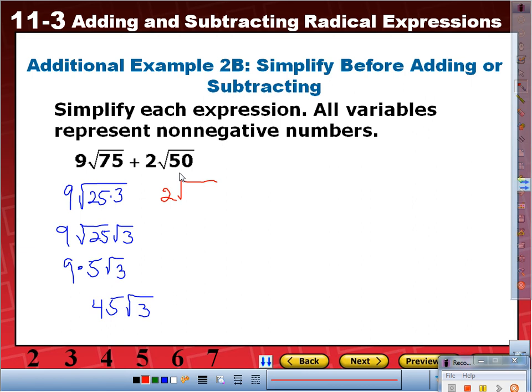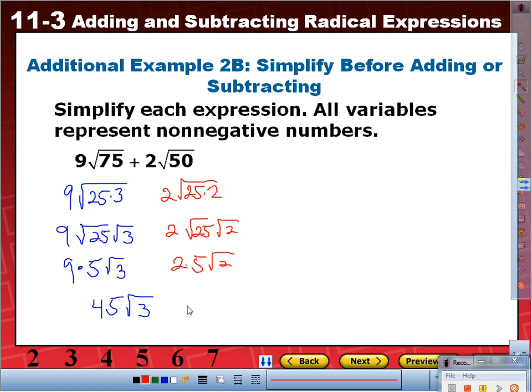2 square root of 50 becomes what? 25 times 2. Remember, one of the factors has to be a perfect square. The 25 is a perfect square. This is 2 square root of 25 square root of 2. So which one can we simplify? 25. This is 5 times 2 square root of 2.